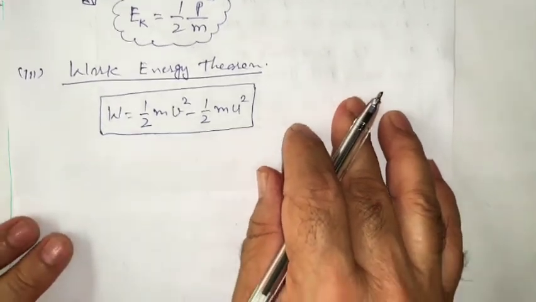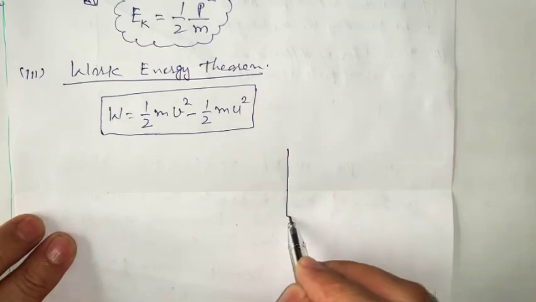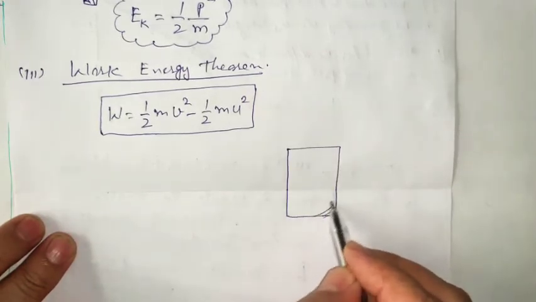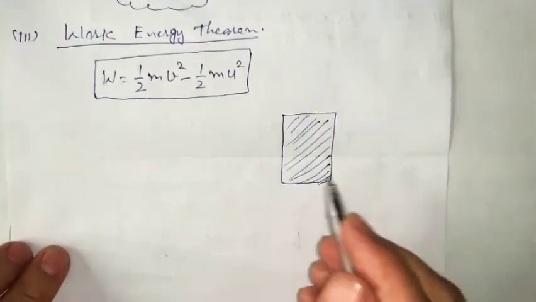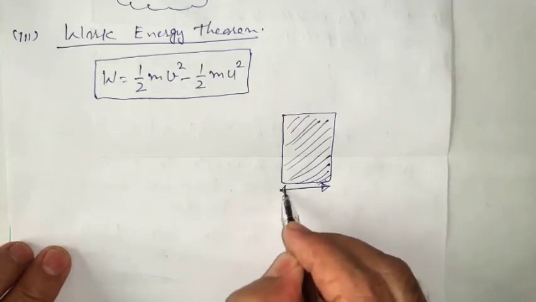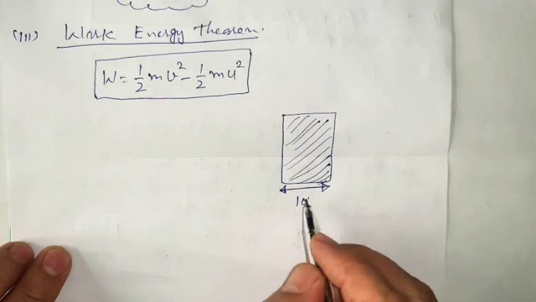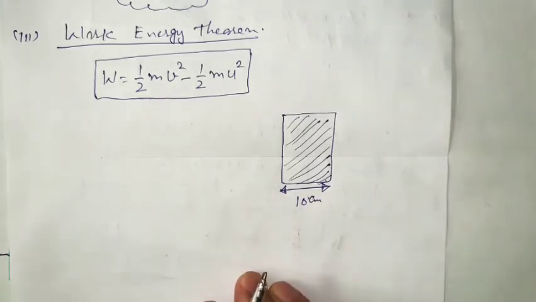For example, suppose this is a plank. Let me suppose the thickness of the plank is 10 centimeter.